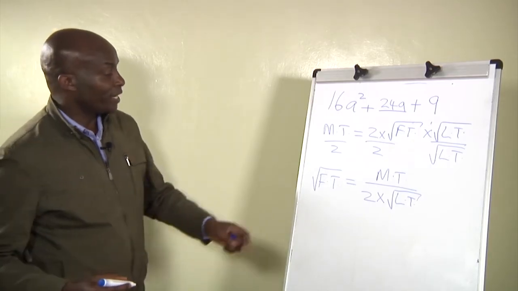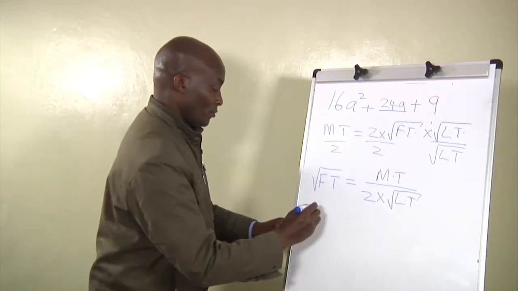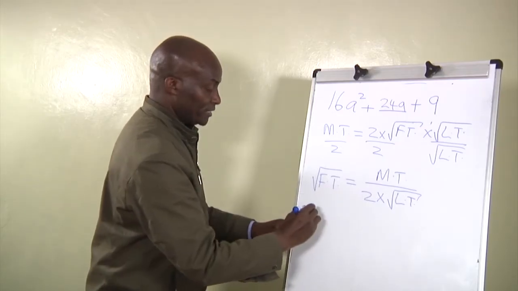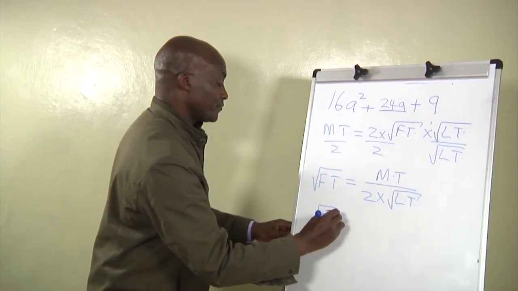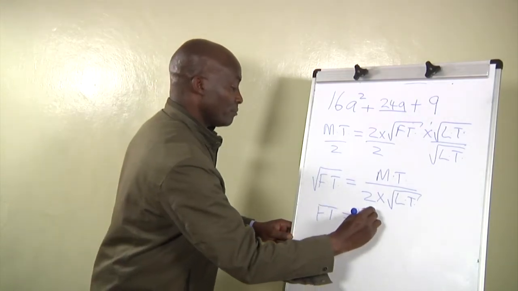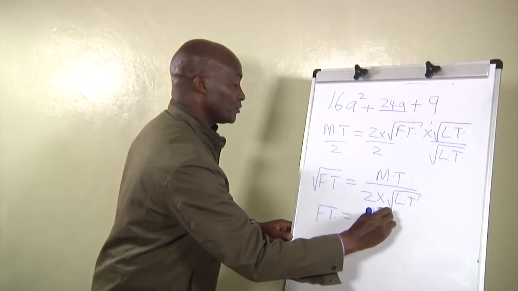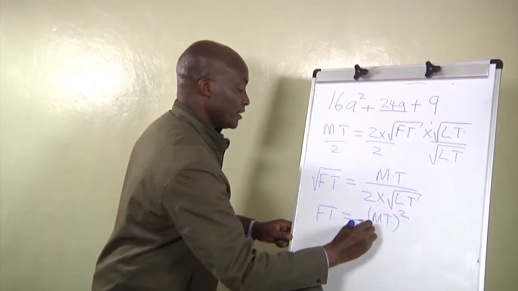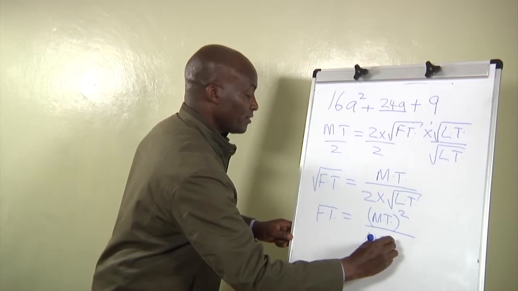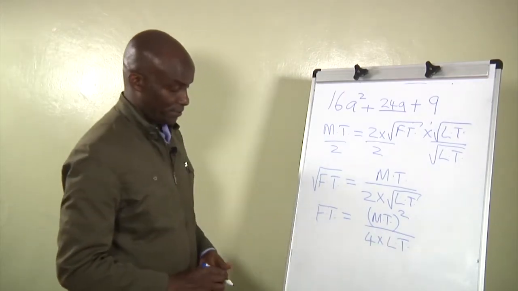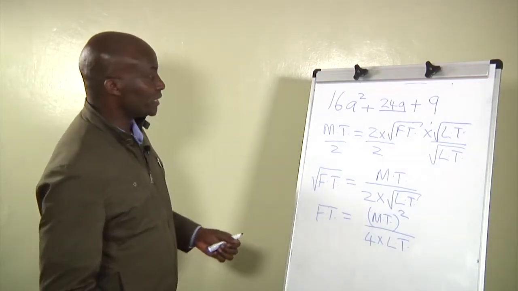And so to get the first term, we square both sides. If we square both sides, we will have the first term is equal to middle term squared divided by 4 times the last term. So this is very important.